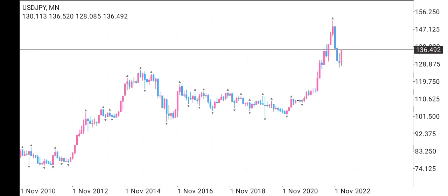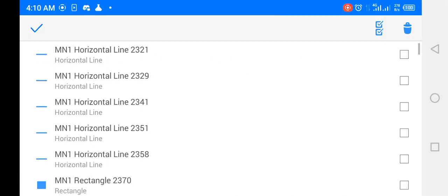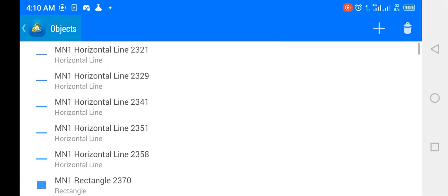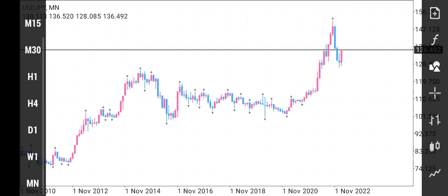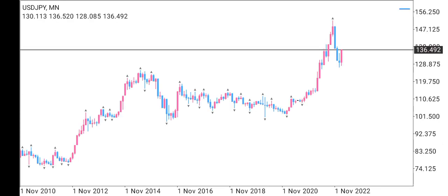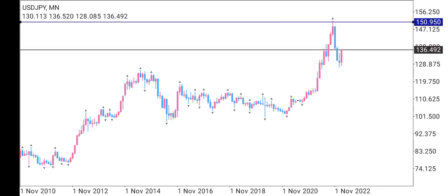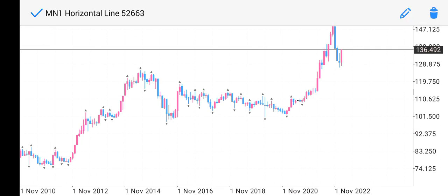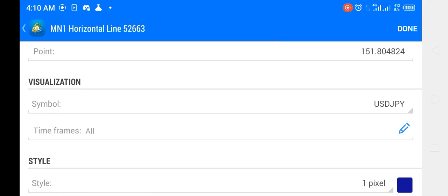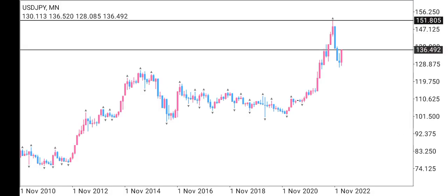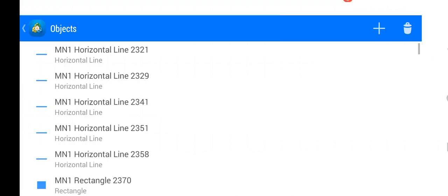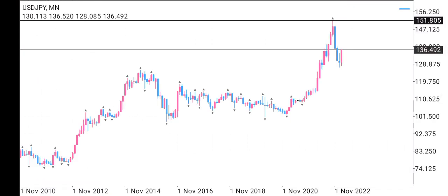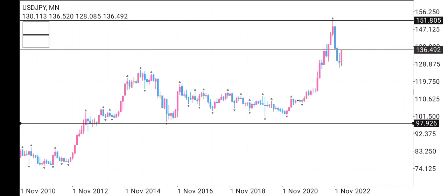From my own view on analysis, I do top-down analysis from the monthly, and what I normally do is I mark out my highs and lows, the swing highs and the swing lows, the recent ones.